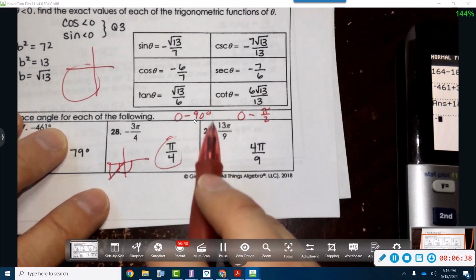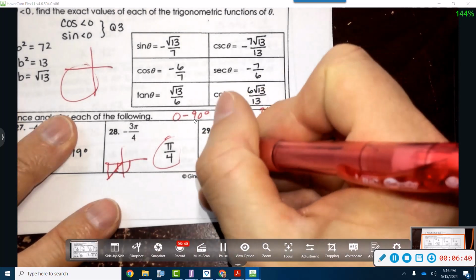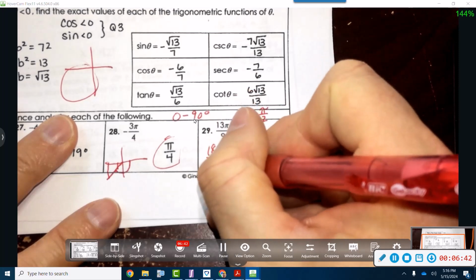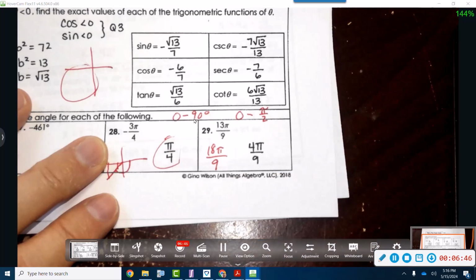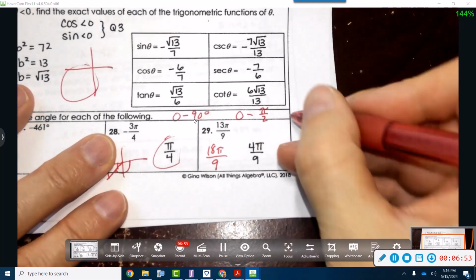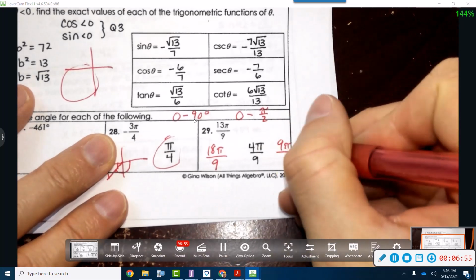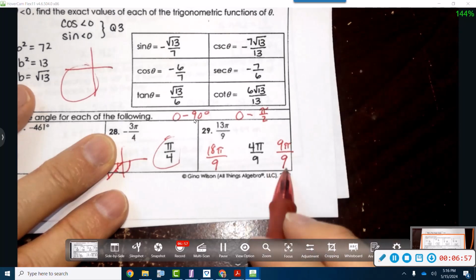So how do we handle this? Well, let's think. 18 pi over 9 is 2 pi. So let's see. What can we do here? I also know that 9 pi over 9 is actually pi.